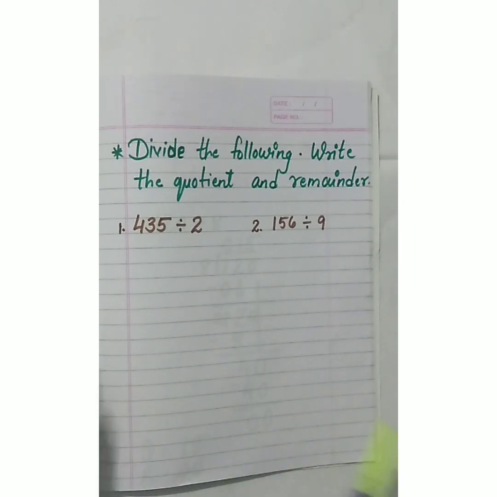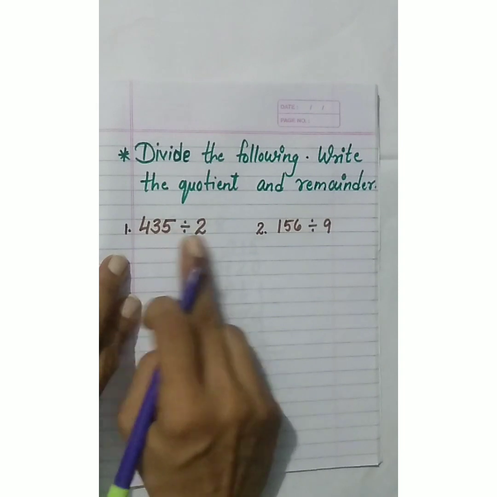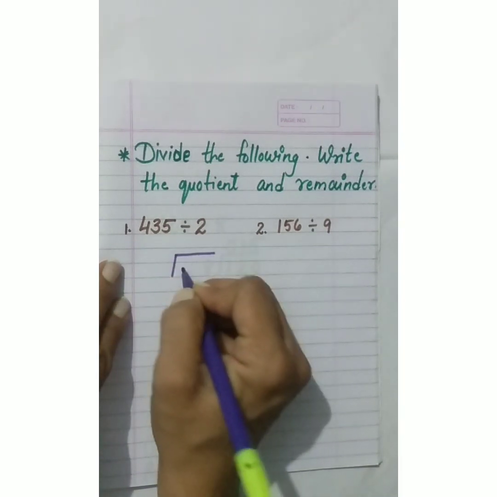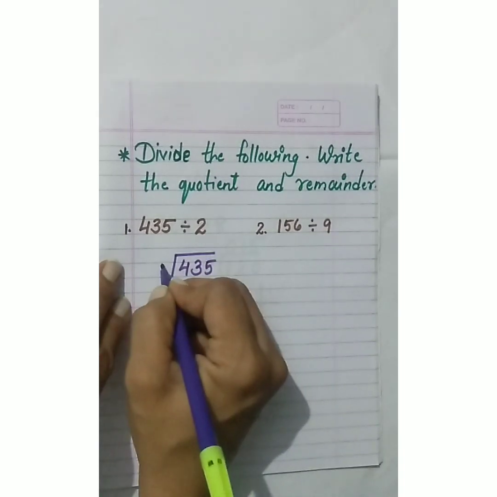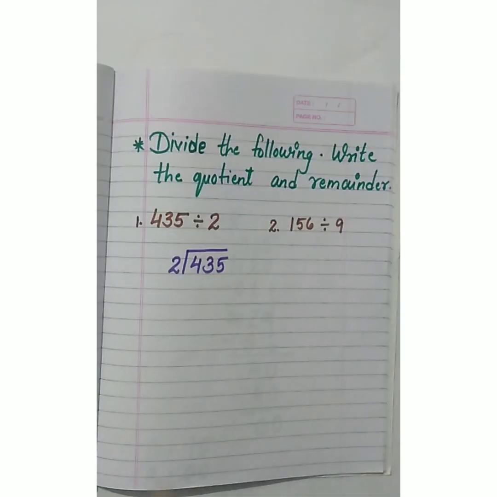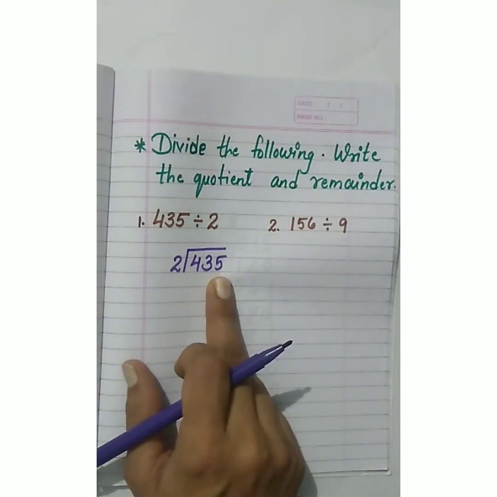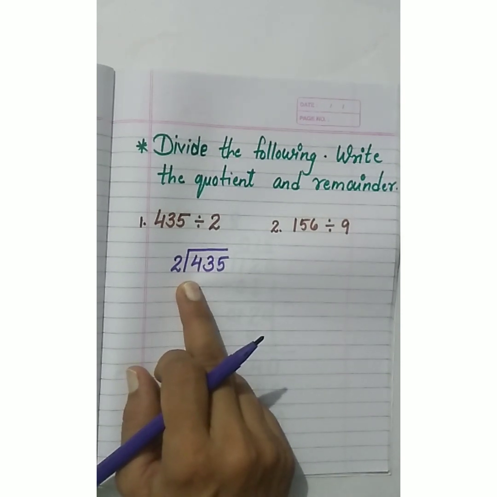435 divided by 2. So here 435 is our dividend and 2 is our divisor. So we will write over here 435 and we will write here 2. So now 435. 5 is at the ones place, 3 is at the tens place and 4 is at the hundred place.